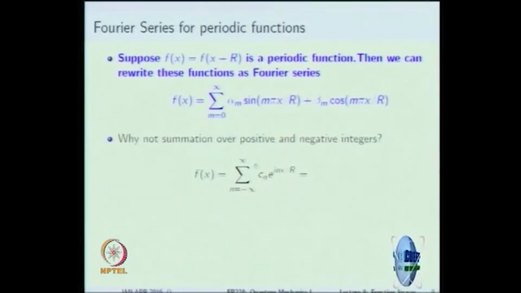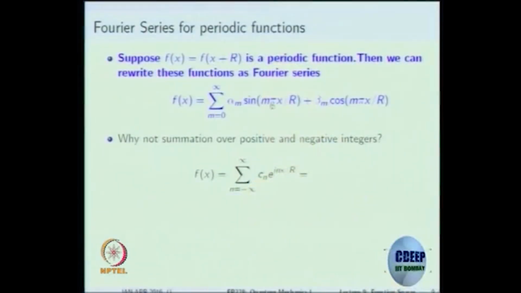Excellent. You can write this as e to the power of 2 pi i n x over r. Thank you. I'll correct these things in the file, but please note them down yourself also.